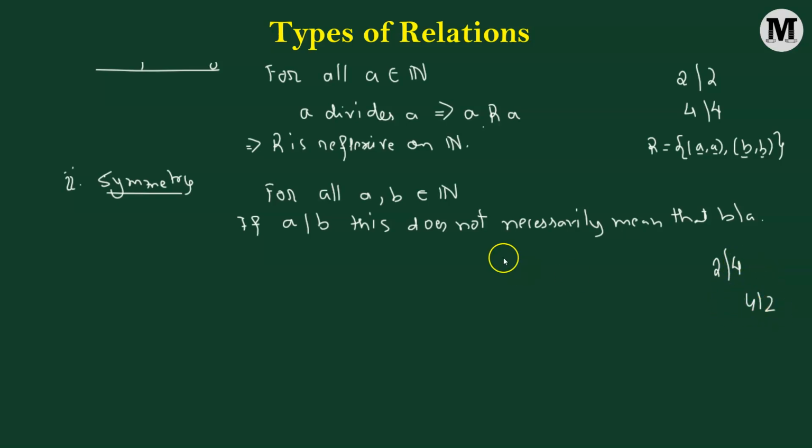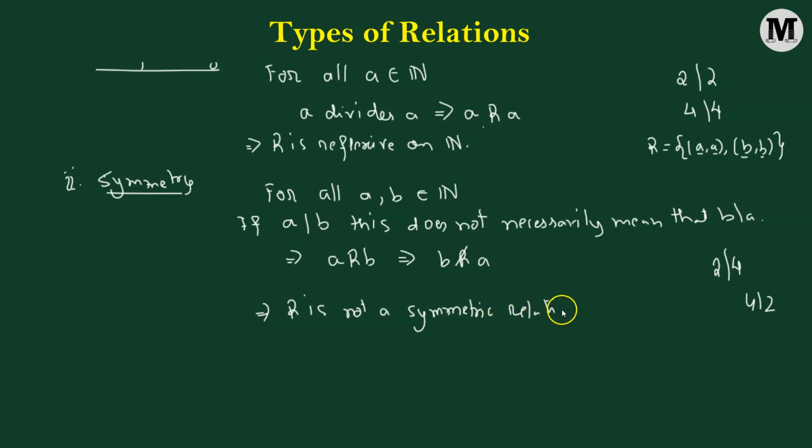That's incorrect. So if A divides B, this does not necessarily mean that B divides A. So A R B does not necessarily imply that B is related to A. So R is not a symmetric relation on the set of natural numbers N.